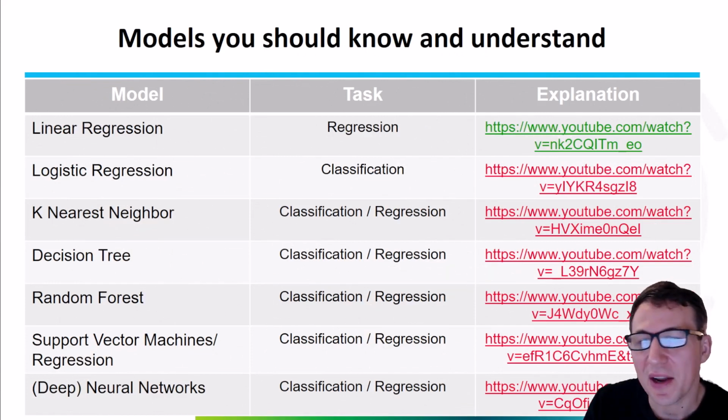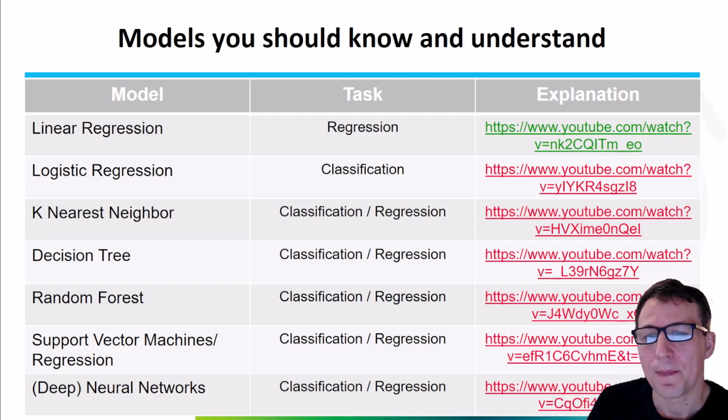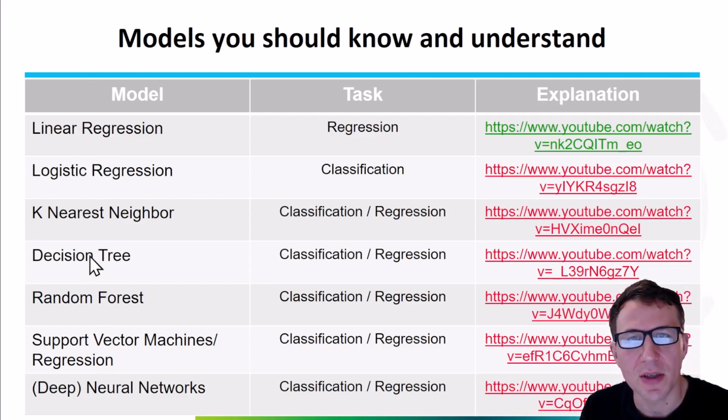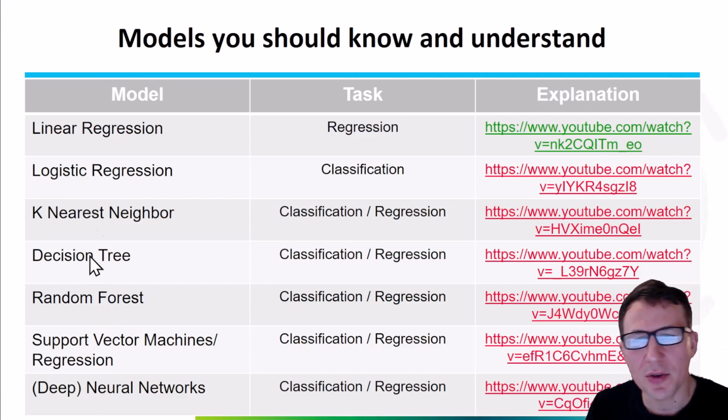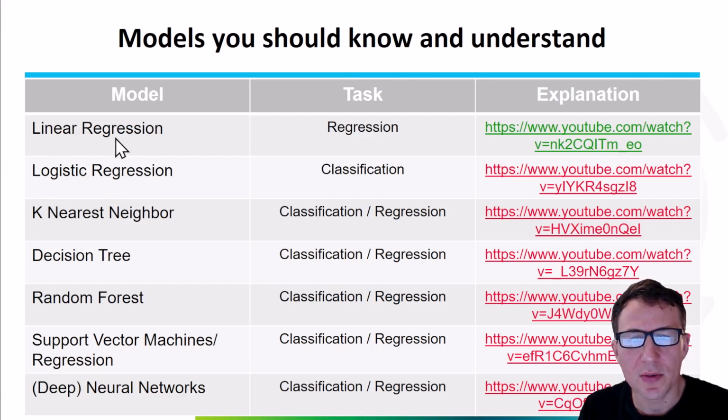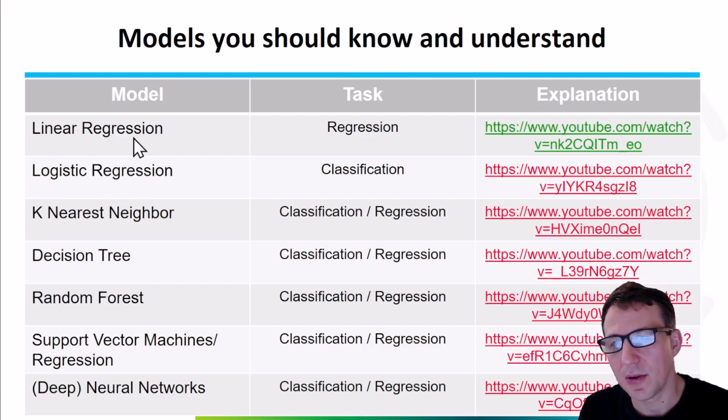There are actually hundreds of machine learning models you should know and understand. But I put together this list of very fundamental machine learning models or algorithms, and you should really have an understanding of these basic algorithms. For instance, there's linear regression and logistic regression. These two are the prototype machine learning algorithms for the regression task and for the classification task.